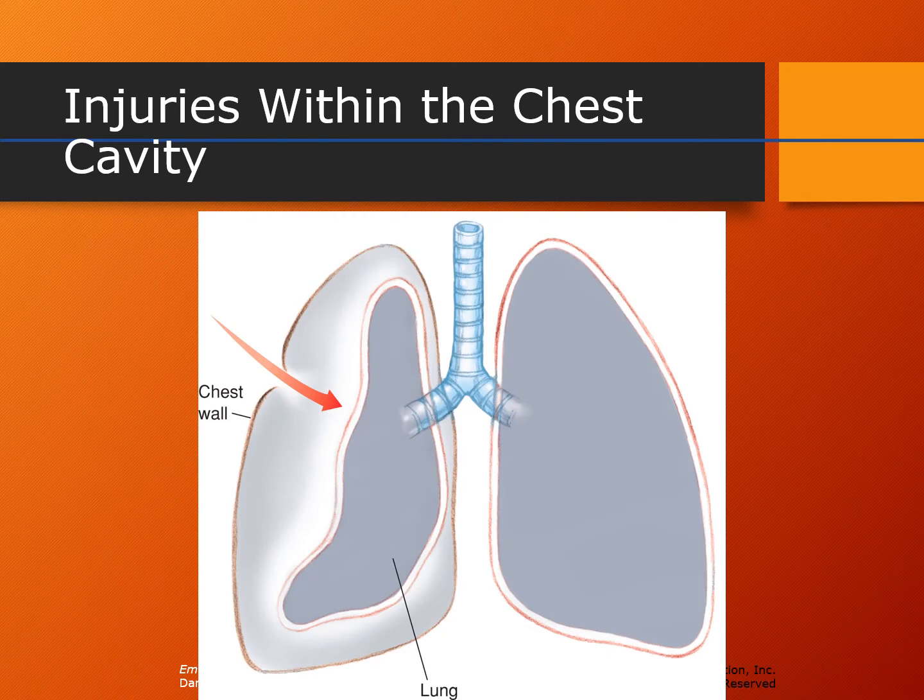Here's a picture of a patient that has suffered a pneumothorax. So we have the foreign object that has entered through the chest wall and is now putting pressure on that lung. If you look at the lung on the right, you can see that it's allowed to fill entirely or nearly to the borders of its space.